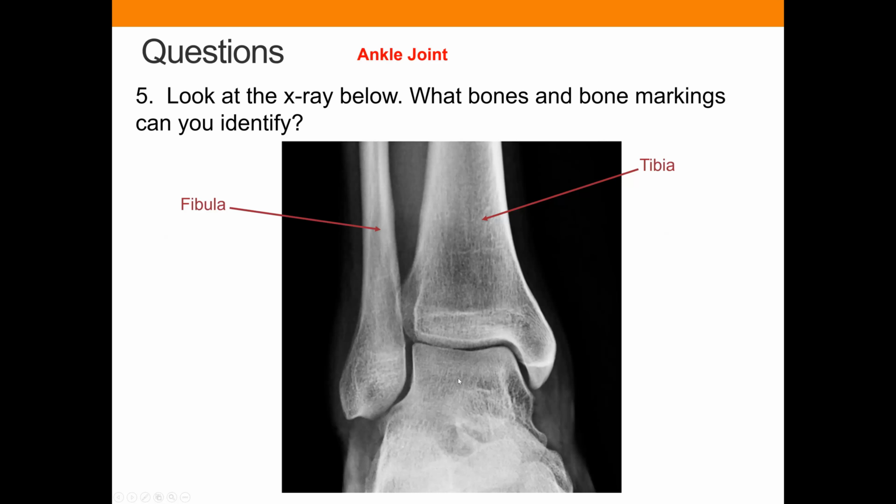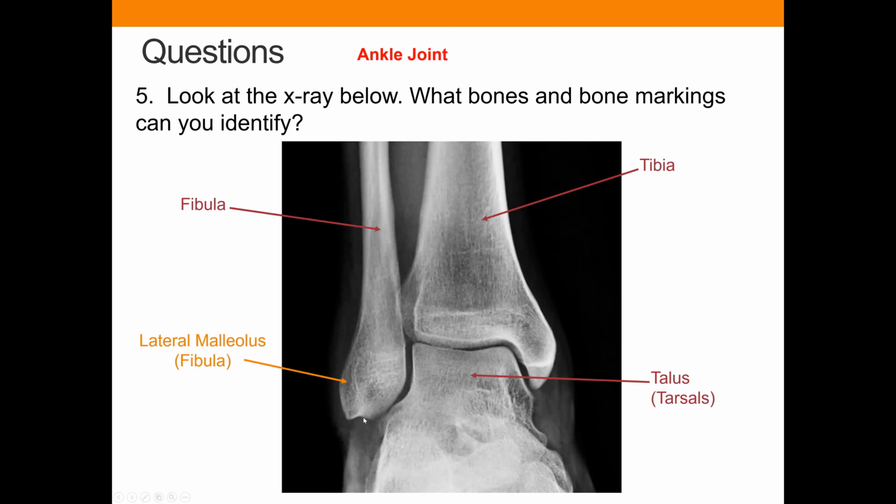So when I get down to the ankle itself, the talus is the ankle bone that forms a joint with the tibia, and it is one of your 7 tarsal bones. But because I see it sitting right here underneath the tibia, I know this is the talus. And then this x-ray isn't clear enough to differentiate between the other tarsals.